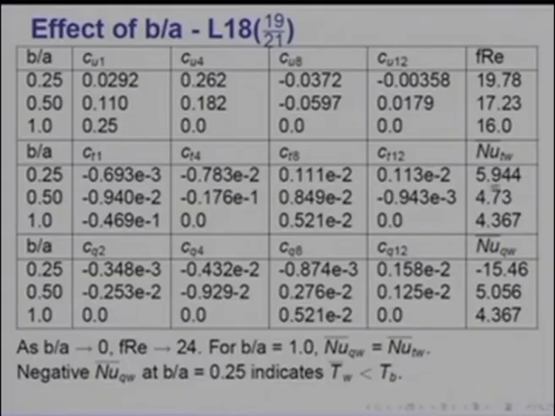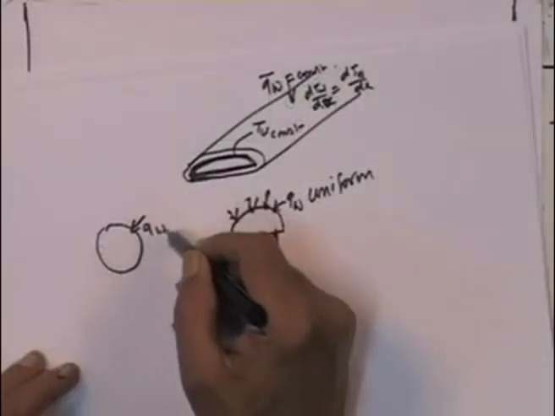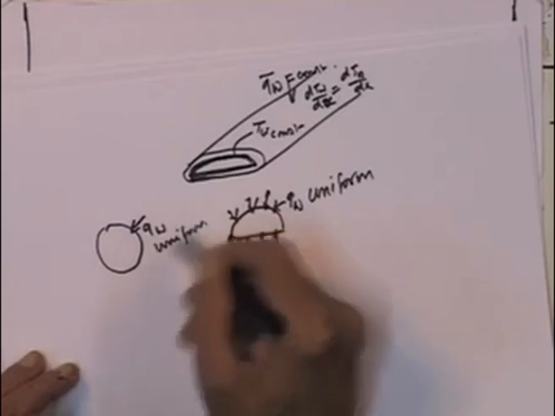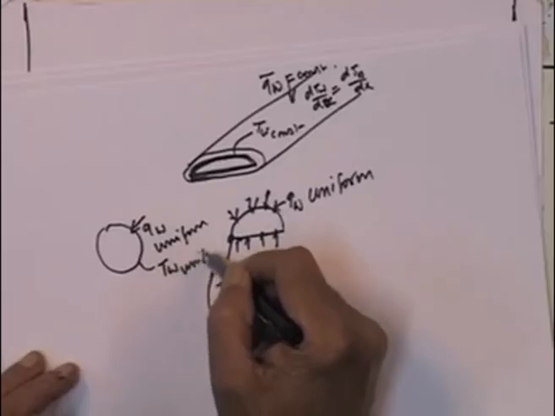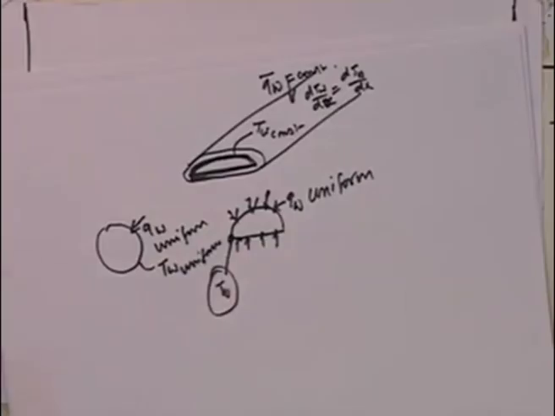You can see this is 5.944, 4.73, and for B by A equal to 1, which is a circle, only CT1 and CT8 are finite, and you get a value of 4.367. Remember, for a circular duct, when QW is uniform, TW is also uniform, and that is what is shown here.